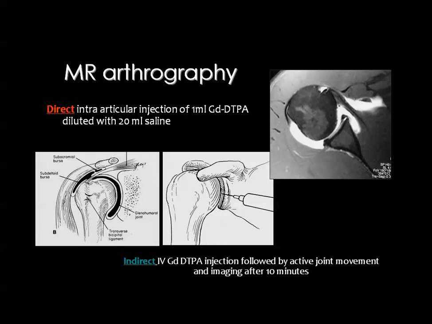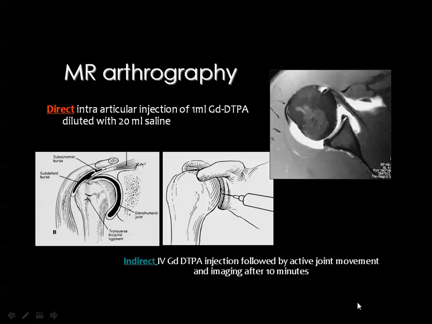Finally, MR arthrography is one of the essential techniques for evaluation of the shoulder in most of the conditions, and is very helpful in evaluation of supraspinatus tendon tears, and also in almost all lesions affecting the glenoid labrum and most of the SLAP lesions as well.